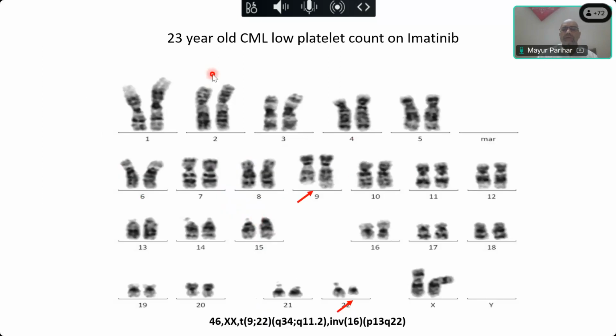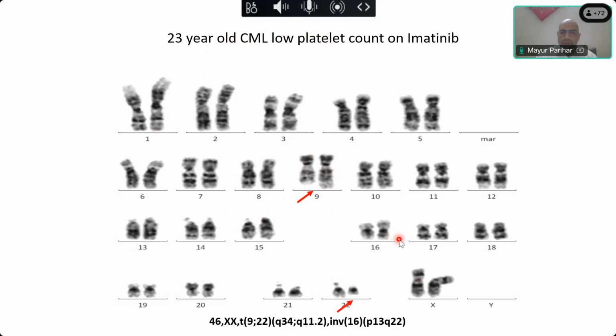Now this was again a 23-year-old CML patient on treatment, responding well, but started having a persistent low platelet count. A karyotyping was sent to us. What you see here in the arrow is a translocation 9;22, which is diagnostic of chronic myeloid leukemia, a myeloproliferative neoplasm. But as I said, with karyotyping you're looking at the whole genome of a single tumor cell.